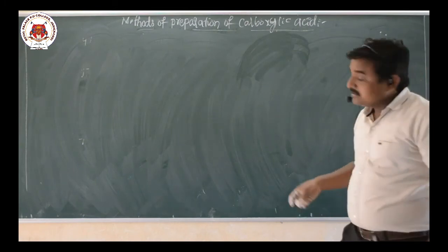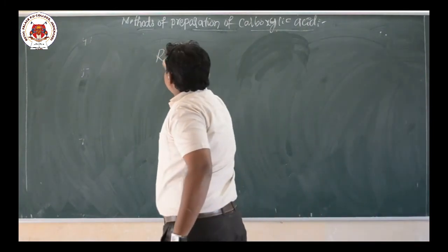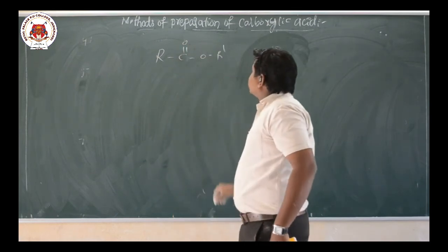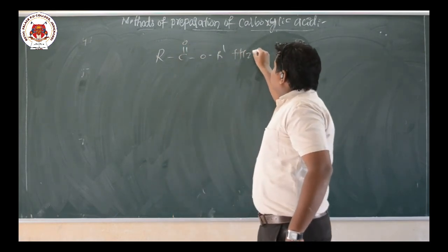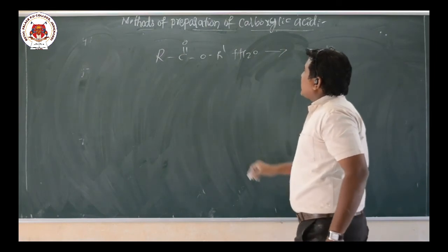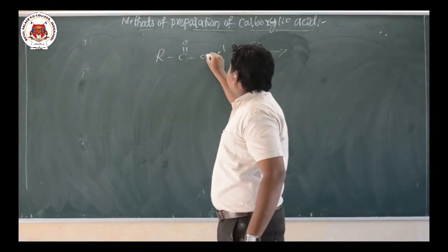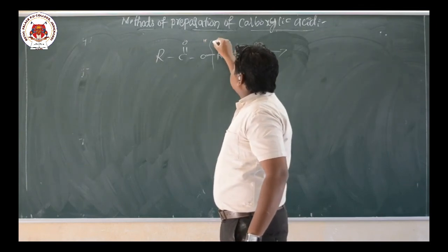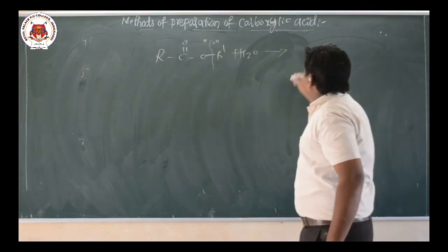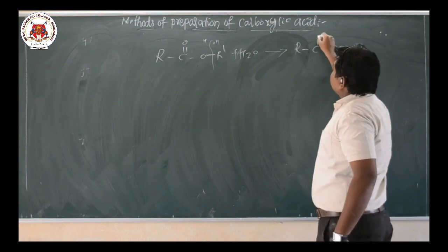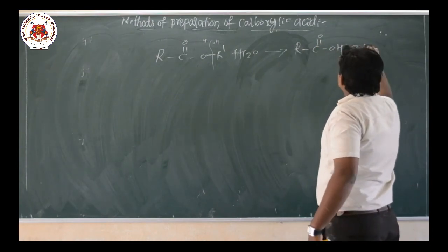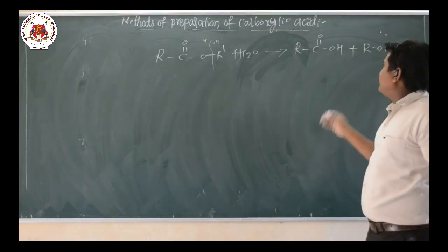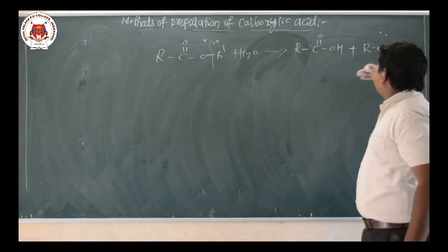Now the esters general formula, RC double bond O OR dash. Okay, esters, which undergo hydrolysis, there is a formation of acid and alcohol. Hydrolysis is by the addition of water molecule. So the H part adds here, again the OH part adds to this side. Now the product is RCOOH plus ROH. Now we will get one part carboxylic acid, another part alcohol.